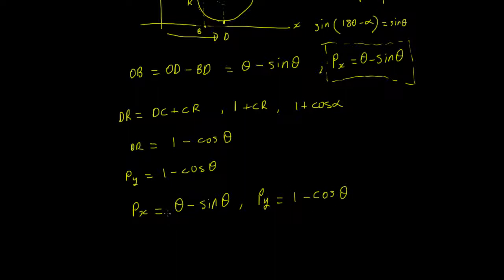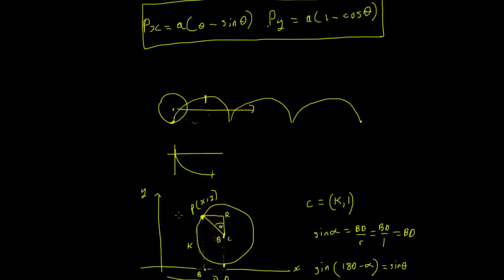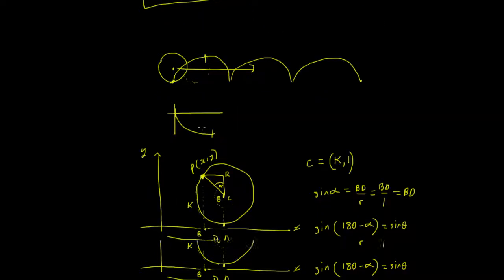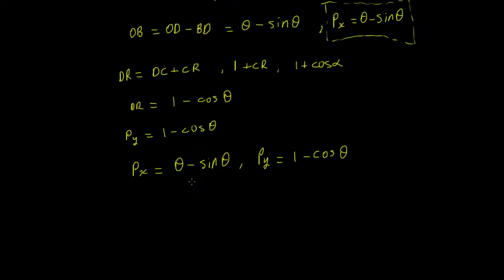Now that's similar to what we have up here. The only difference is we've got a factor of a. We've done that derivation assuming that the radius is 1. If we were to choose any other value for the radius, it would be equivalent to multiplying each of these by a constant, which we'll call a, which in effect becomes the radius.